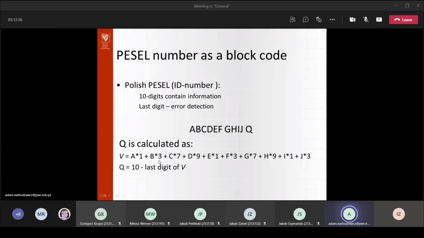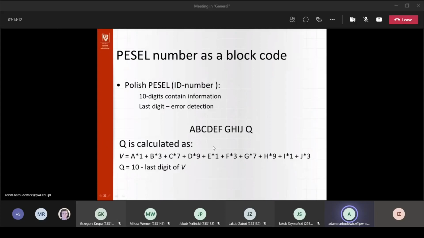So each digit is multiplied by a number, so that also to avoid replacing the number. For example, if you make the mistake of writing one digit before the other, this sort of error detection will capture that, right? And of course, over here we cannot use 2, 4, and so on, because then again that would create some problems in the mistaking.